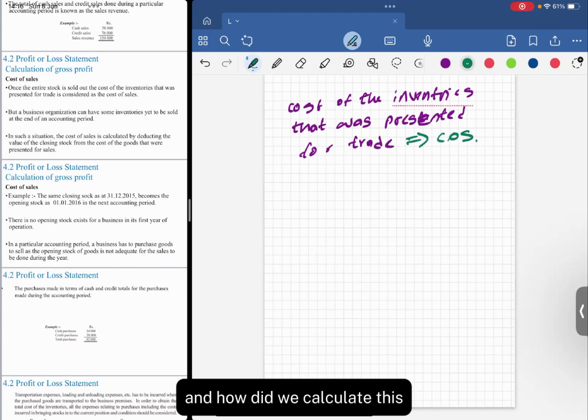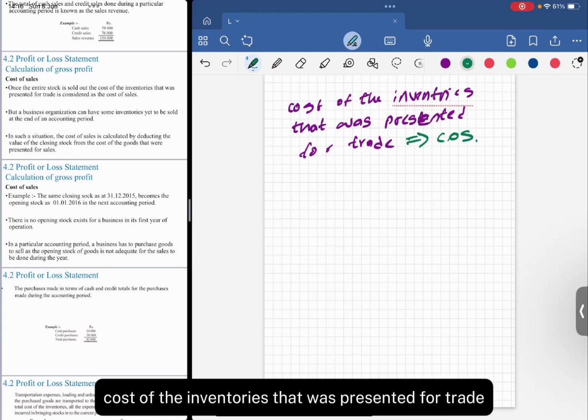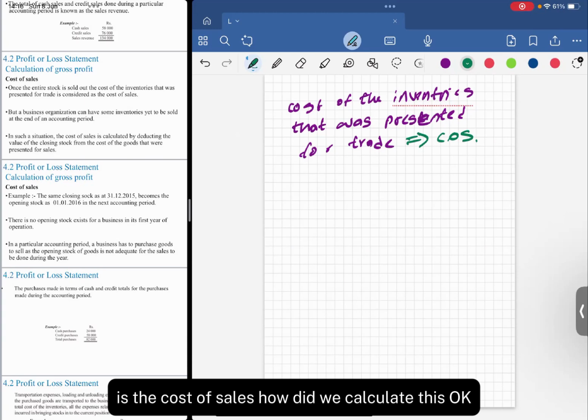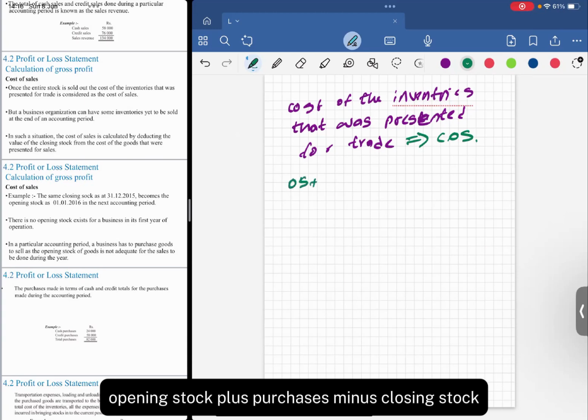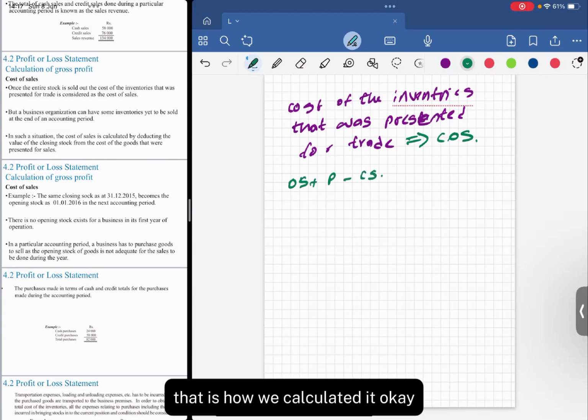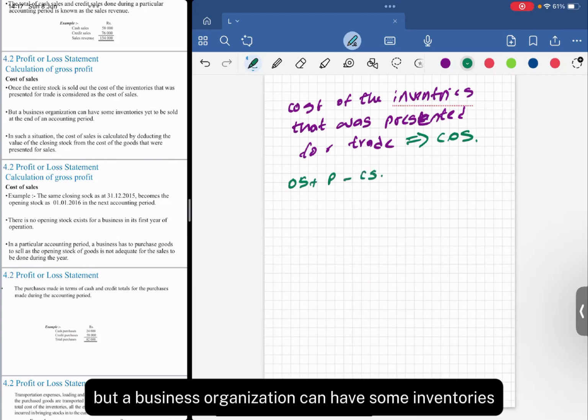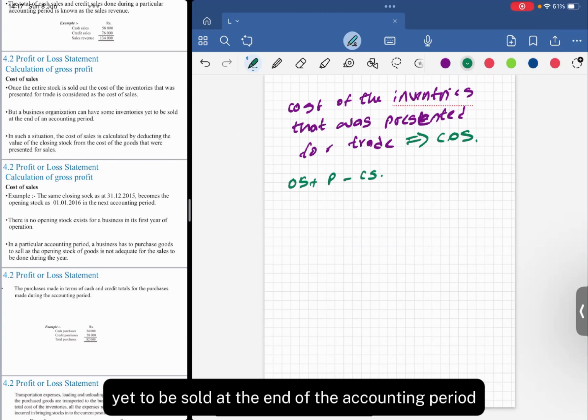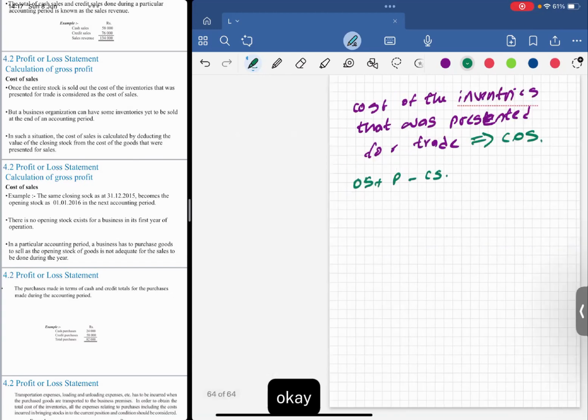And how did we calculate this? Opening stock plus purchases minus closing stock. That is how we calculated it. But a business organization can have some inventories yet to be sold at the end of the accounting period.